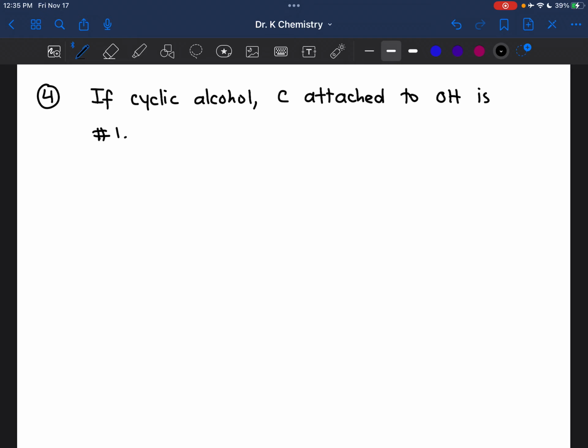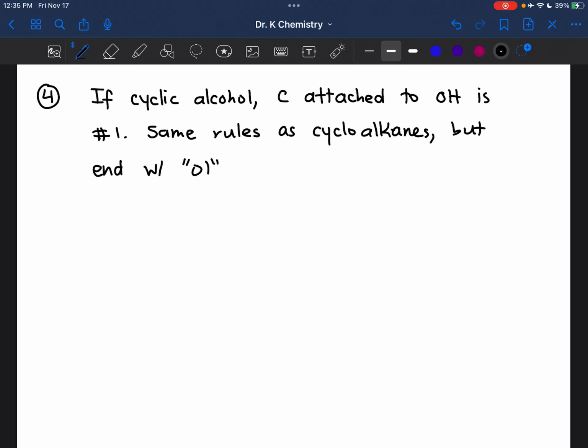We can either number clockwise or counterclockwise to give the rest of the substituents the lowest possible number. The only difference will be that we will end with -ol to indicate that it's an alcohol. So other than that, same rules as cycloalkanes, but end with -ol to indicate that it's an alcohol.